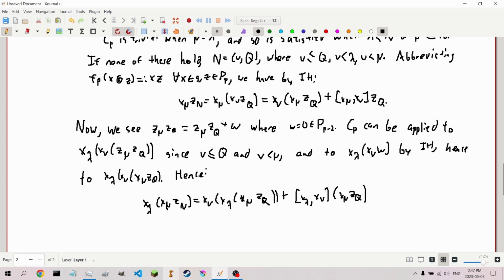This is going to be a bunch of terms here. mu comma x nu x lambda zq plus the bracket of x lambda with the bracket of x mu x nu times zq. What a mess.